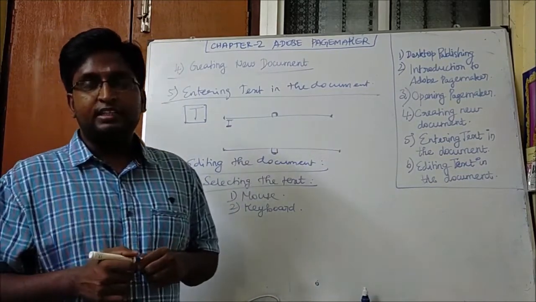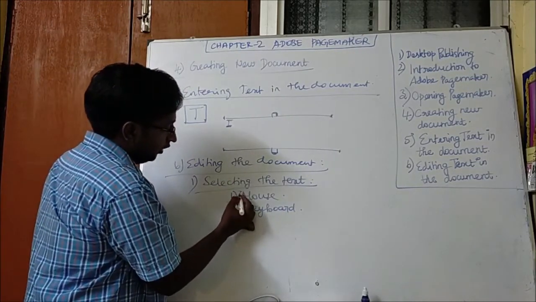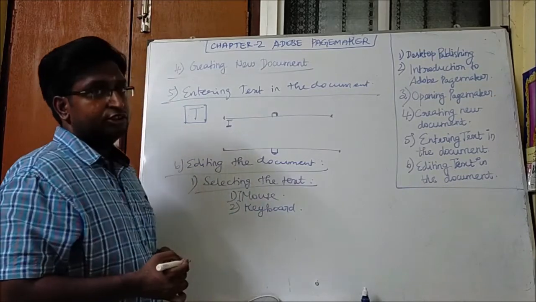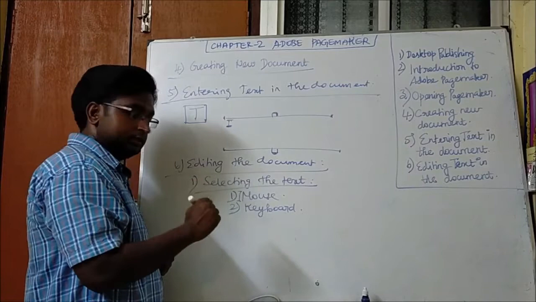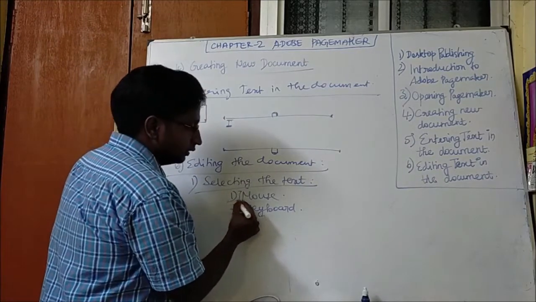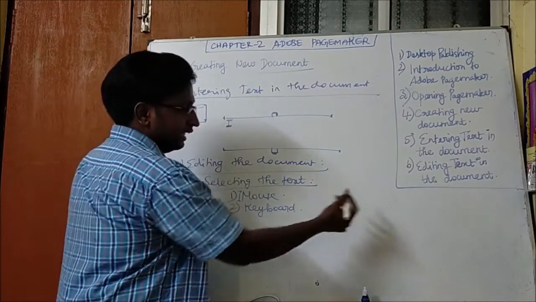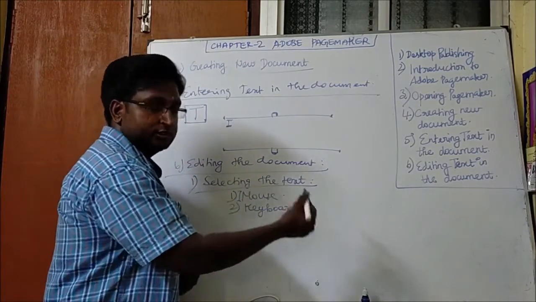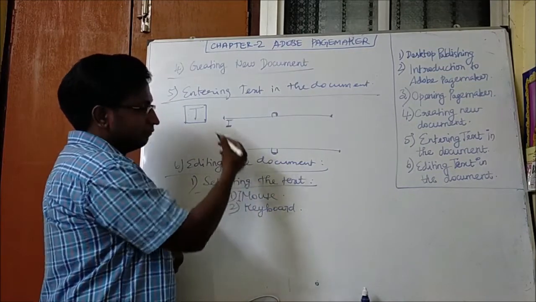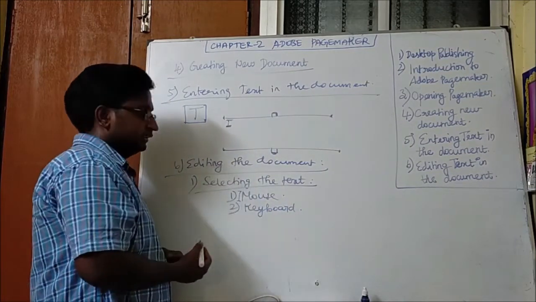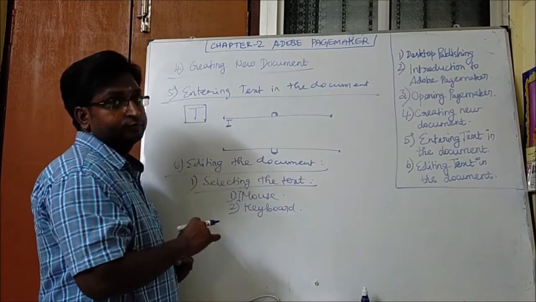Using the mouse is nothing but placing the cursor in front of the text to be selected, clicking the left mouse button and dragging towards whichever direction is needed. Say if you want to select the text towards the right, you can move the mouse towards the right. If you want to select upward, you can move the mouse upwards without releasing the left click.